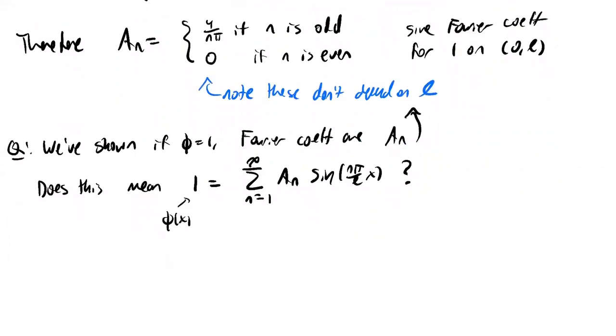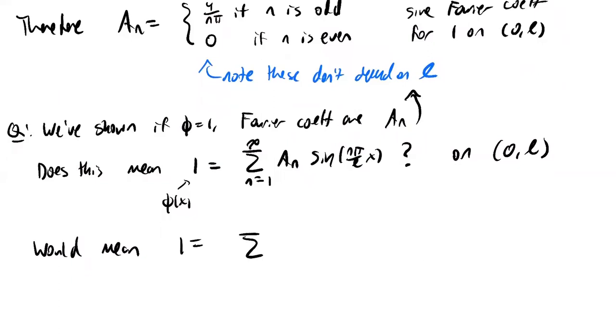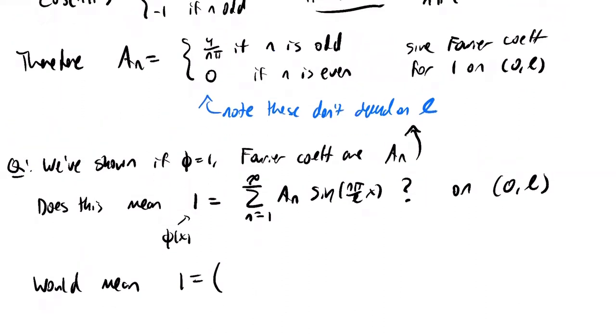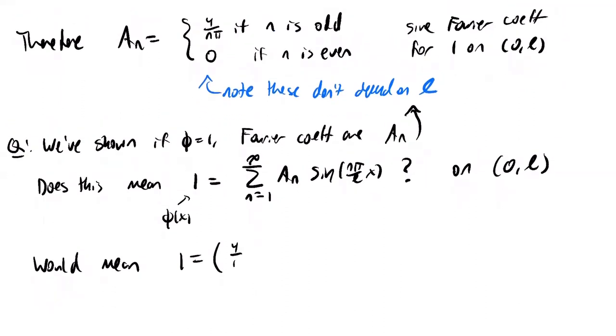Well, what does this mean? Let's plug in what we have. This would mean, on 0 to L, that 1 is equal to, well, I only have terms corresponding to odd n. So I have 4 over pi, when n is equal to 1, sine of pi over L x.